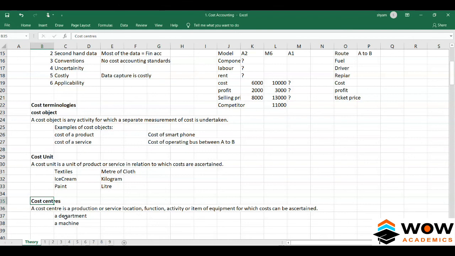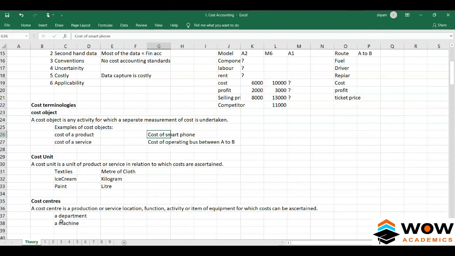We are trying to find out the cost of operating a department or a machine, but usually this is under the control of a particular person. For example, for a cost object, what is the cost of producing a particular smartphone?